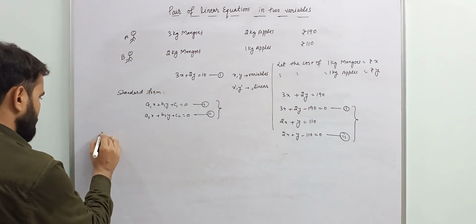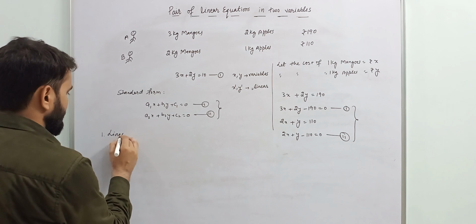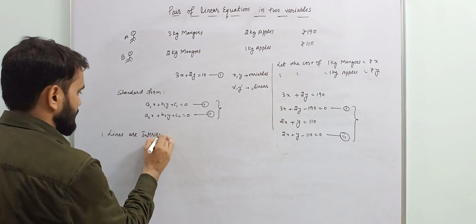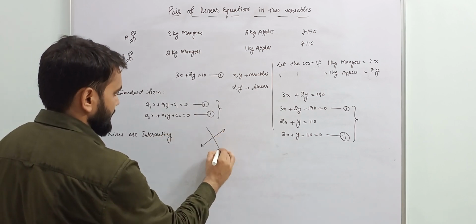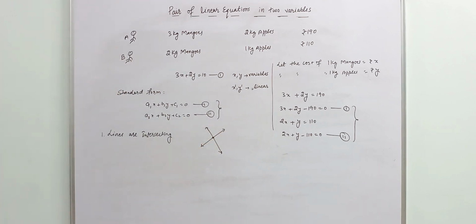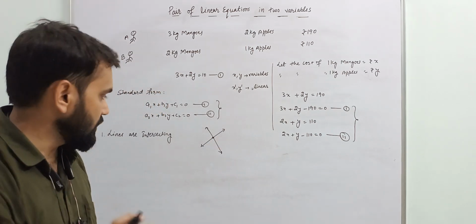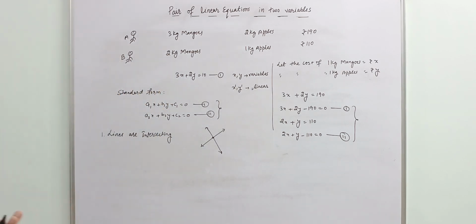The first situation is lines are intersecting. Suppose we have two lines, they may intersect at one point, and in that case there will be a unique solution, because there is one and only one common point to both lines.